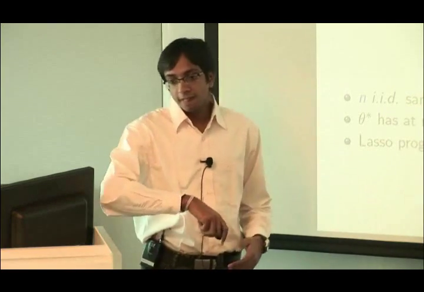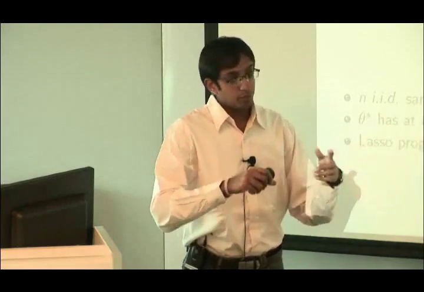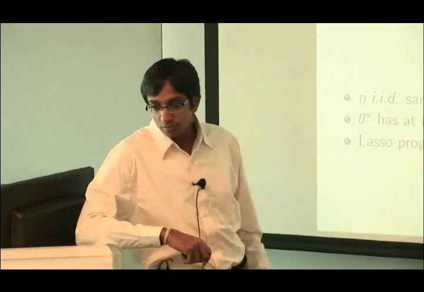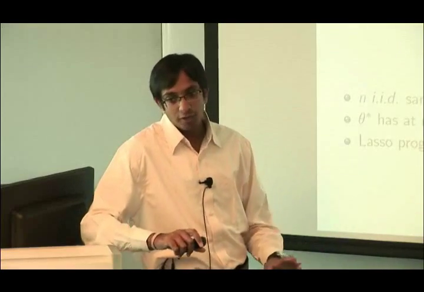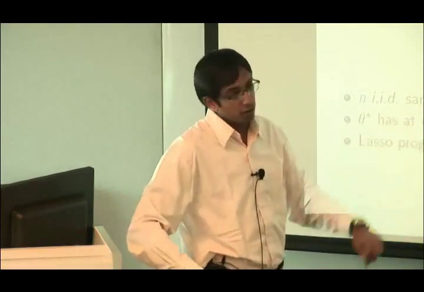IID here? So the pair x_i, y_i is an IID sequence. It's chosen from what distribution? Some joint distribution over the xy pair for now. We're not specifying it, so just that y is generated according to this model.